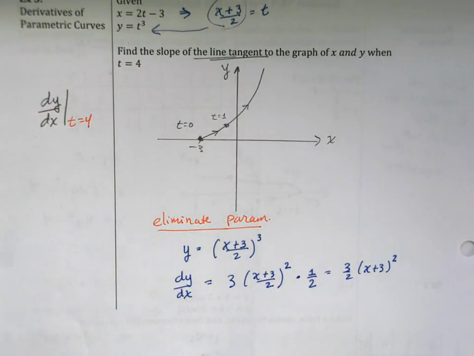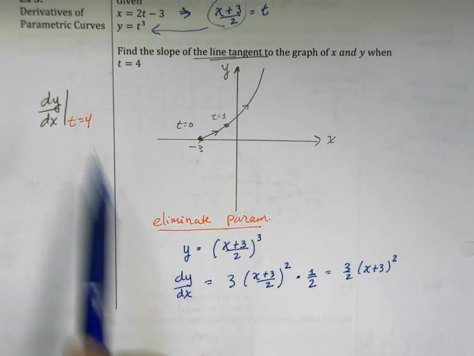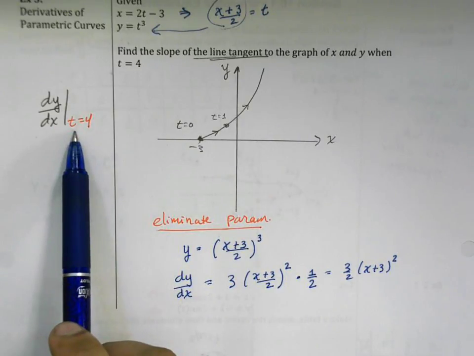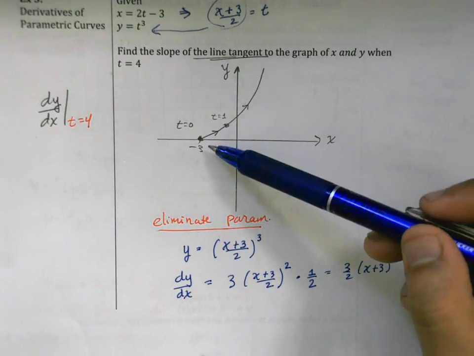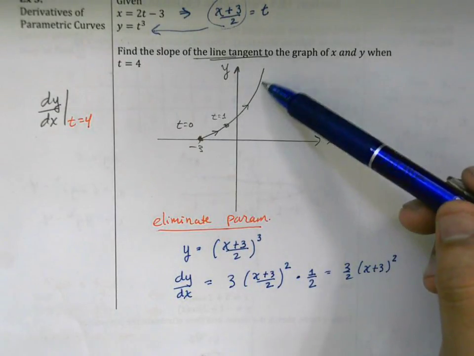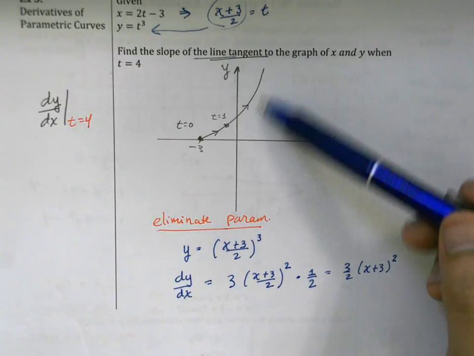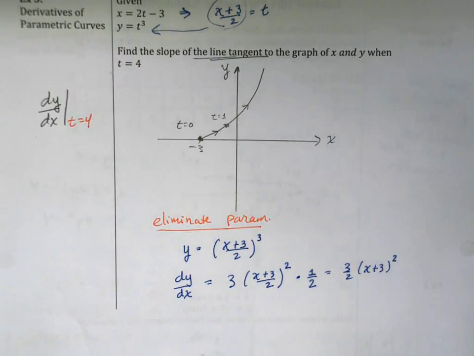Right? And now from this point on, notice here that I have a derivative in terms of x, but I don't know what to plug in, at least not immediately, because I don't know what the value of x is. The question asks, what's the value of t? In other words, if this was a particle, at exactly 4 seconds, what is the change in y over the change in x of that particle's position?